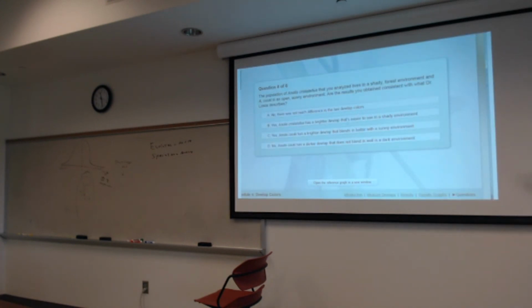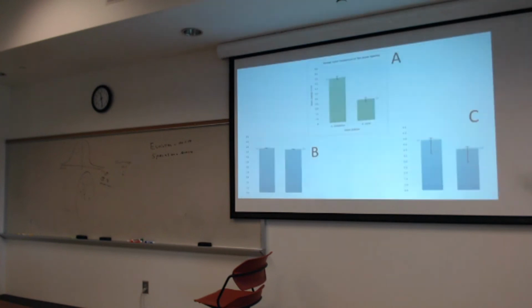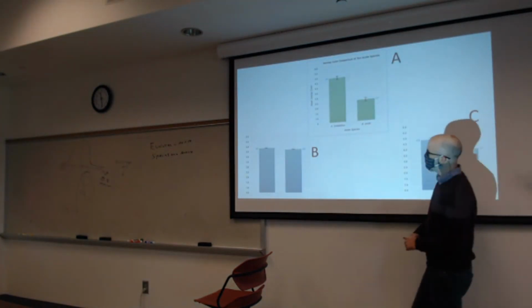Okay, so this is another species, Anolis cristatellus. It lives in the dark, shady forest. And so, was this consistent with this hypothesis? Are the results that you got consistent with the hypothesis?